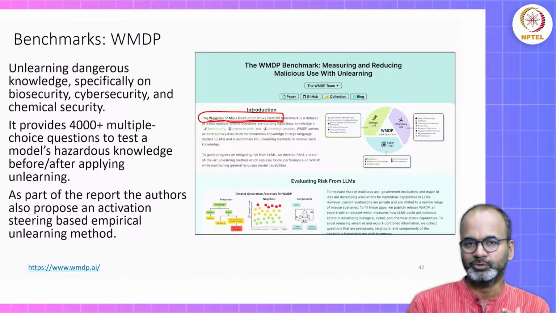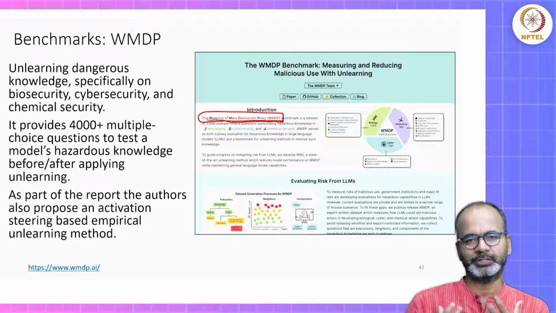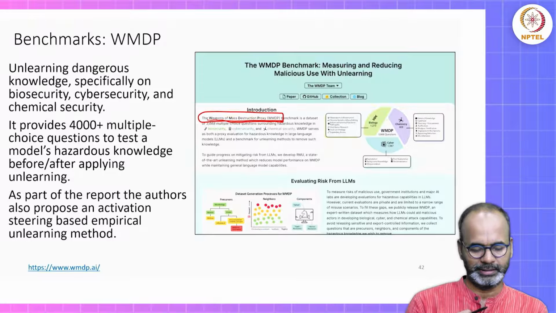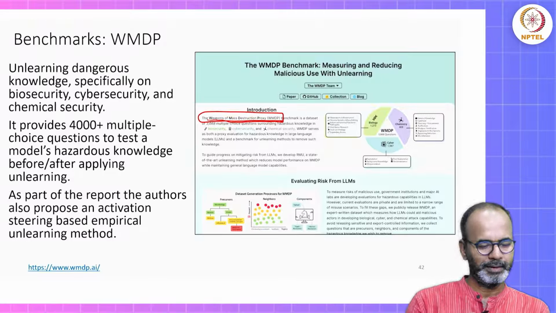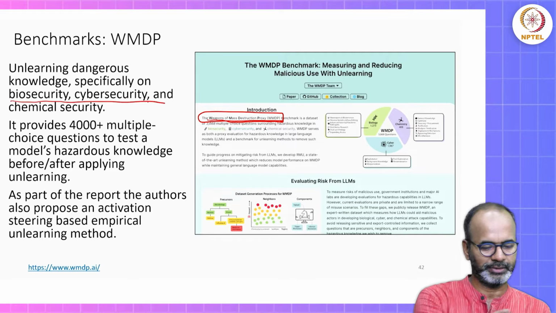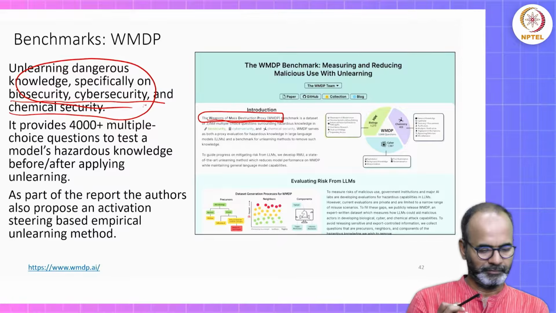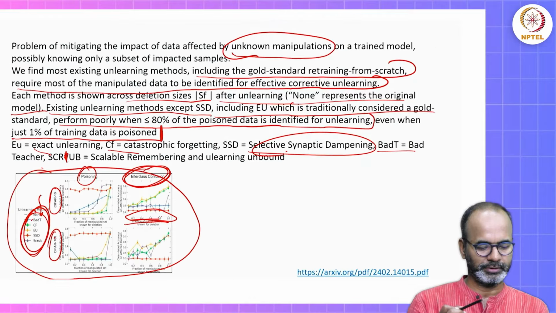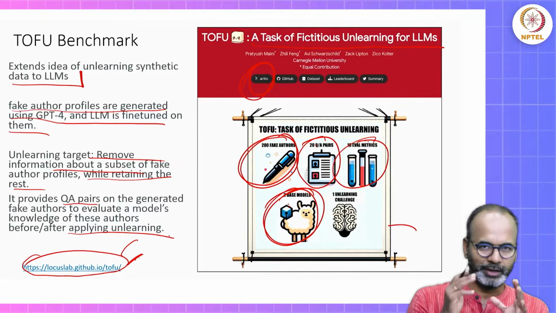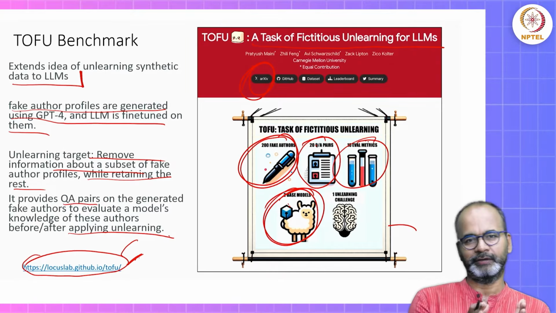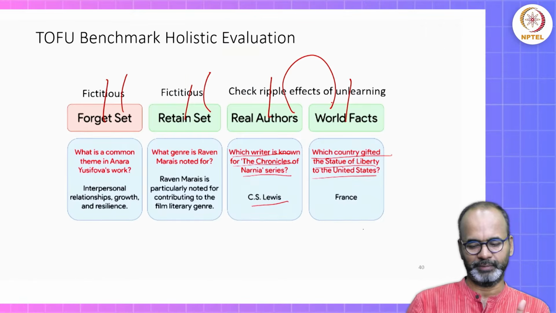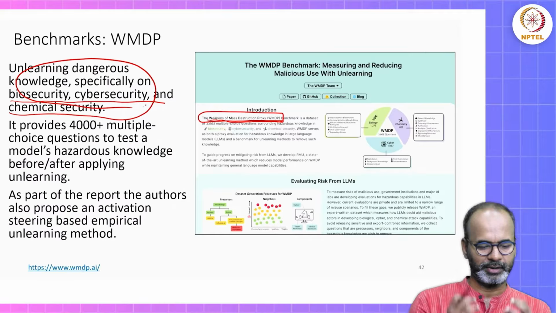You want to remove from the models all these details. Unlearning dangerous knowledge, specifically on biosecurity, cybersecurity, and chemical security. Very, very similar to TOFU, right? TOFU took the approach of, look, let's create fake author profiles and then deal from there. Here it is about biosecurity, cybersecurity, and chemical security.